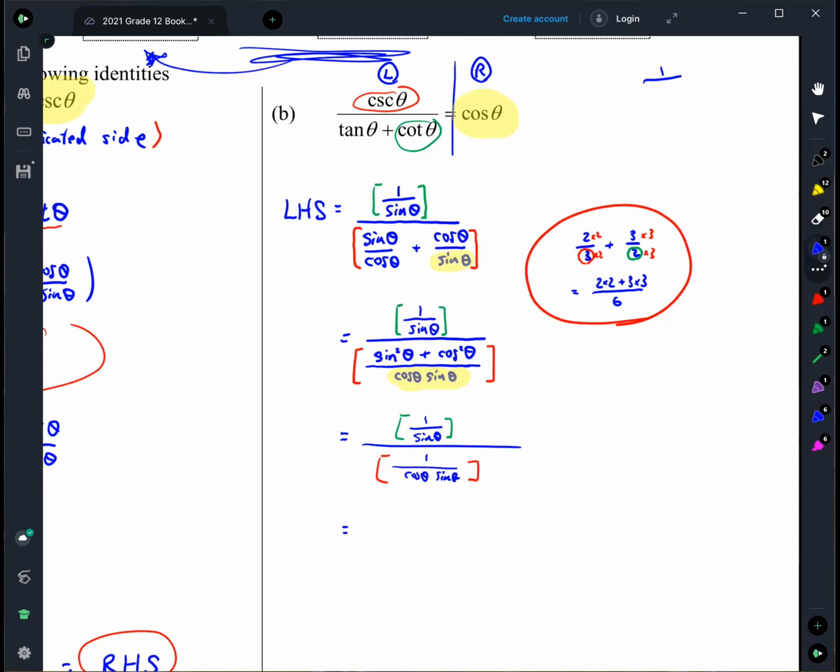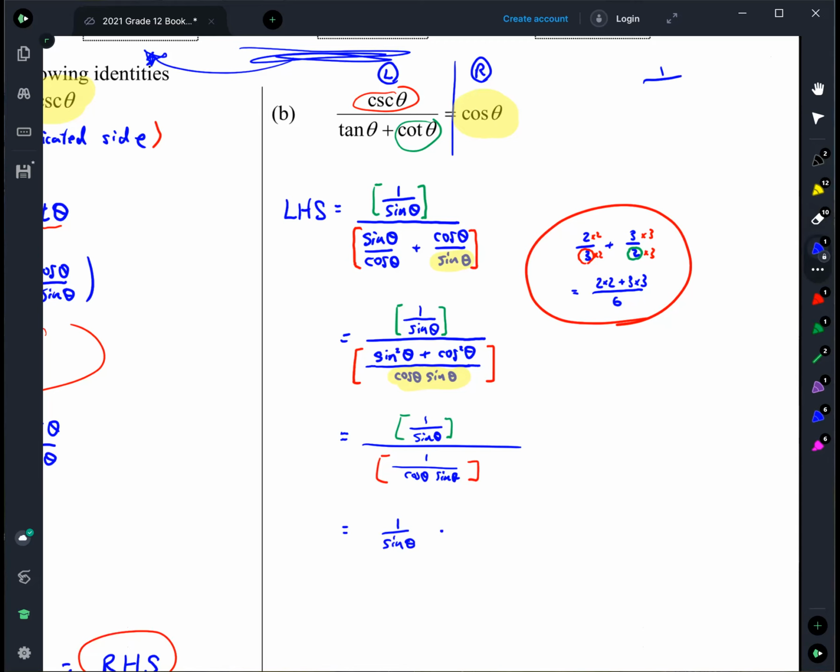What do we do now? Anybody? Isn't dividing by a fraction multiplying by the reciprocal? Okay, let's do that then, right? So it will become 1 over sine times what?